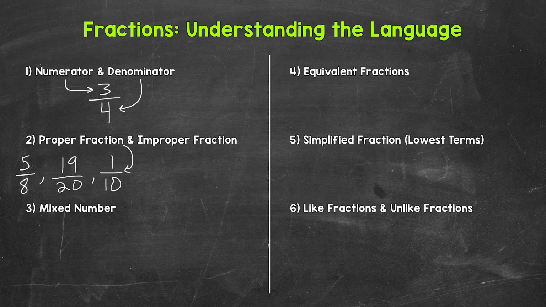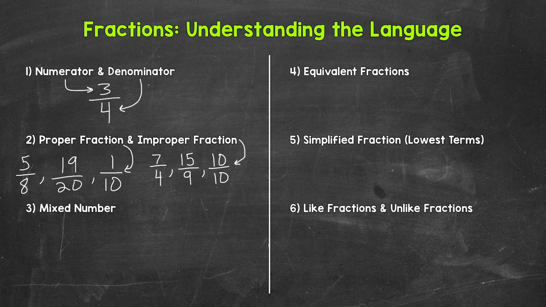For example, 7/4 is an improper fraction, 15/9 is an improper fraction, and 10/10 is an improper fraction. So these are all examples of improper fractions. Again, improper fractions have a value greater than or equal to 1. The numerator is greater than or equal to the denominator.